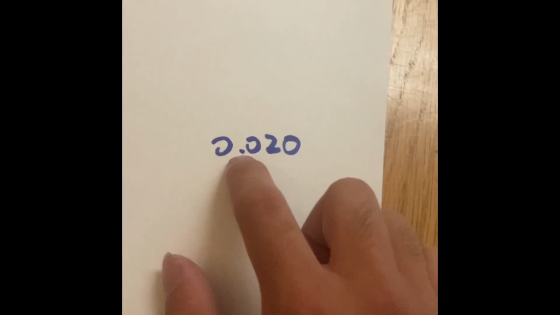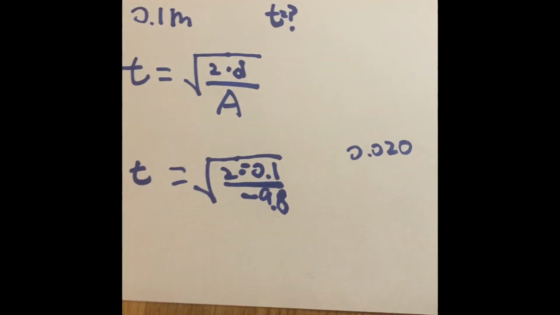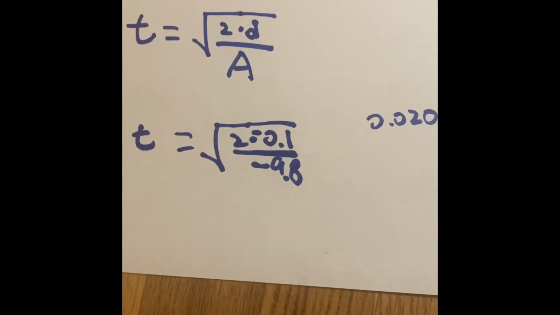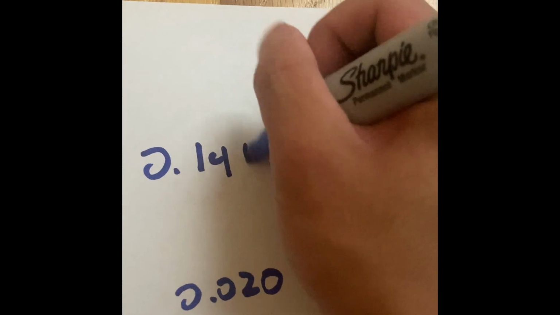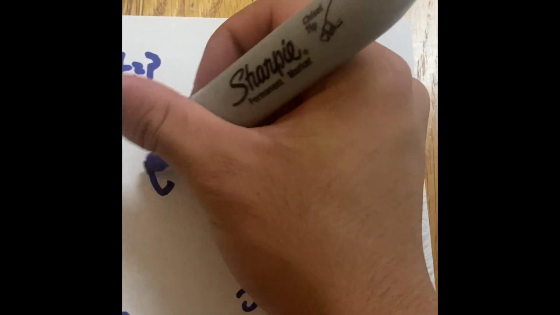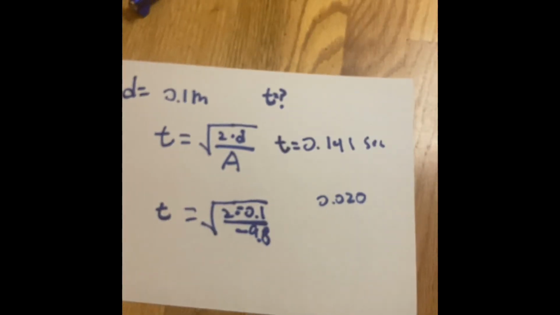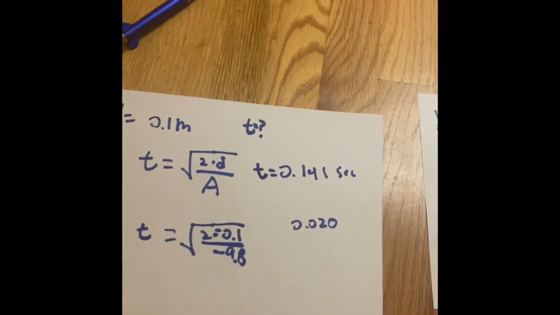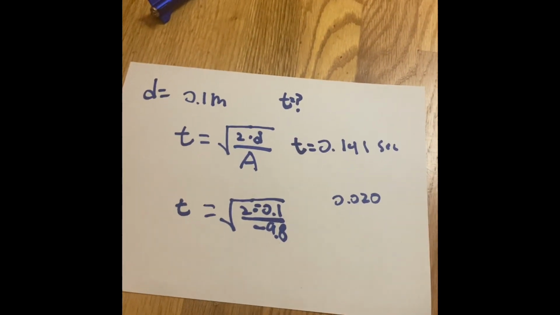That will bring you to this. But when you square root that, your answer will be 0.141 seconds. And that represents how much time your friend took to react when he grips onto the ruler at 10 centimeters or 0.1 meters.